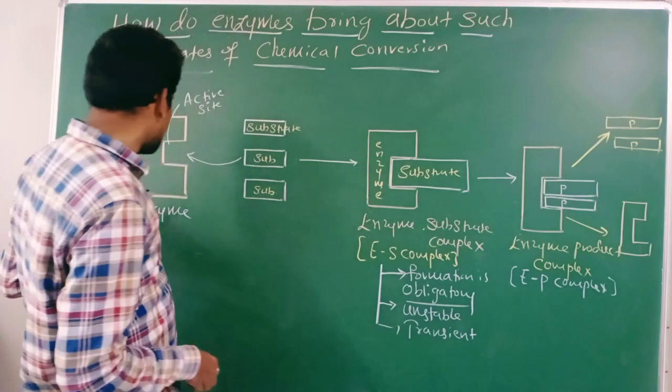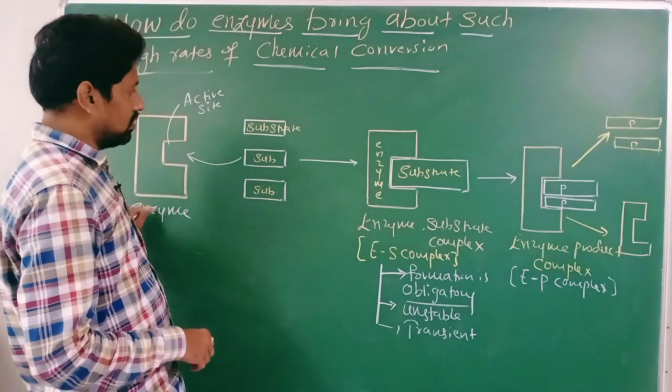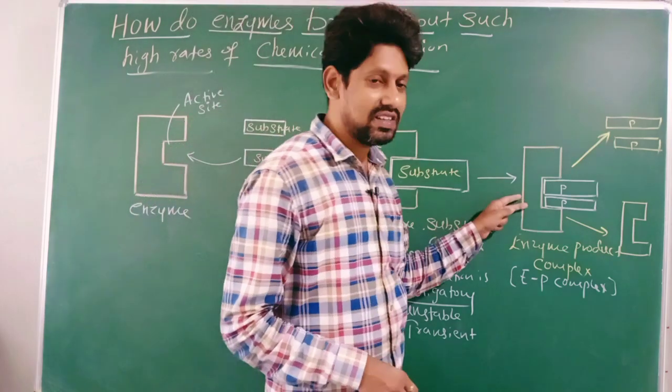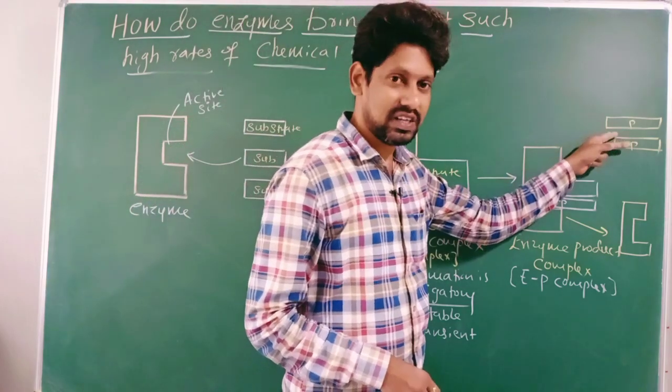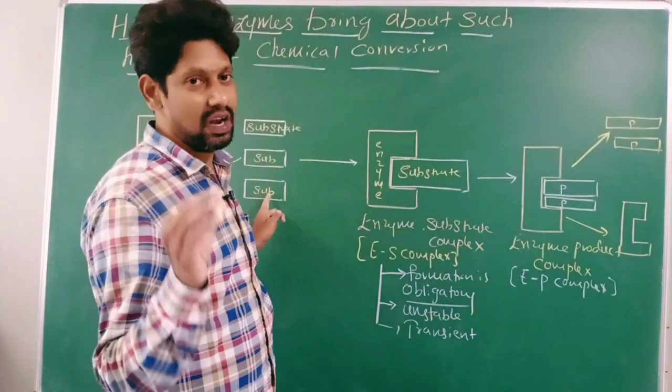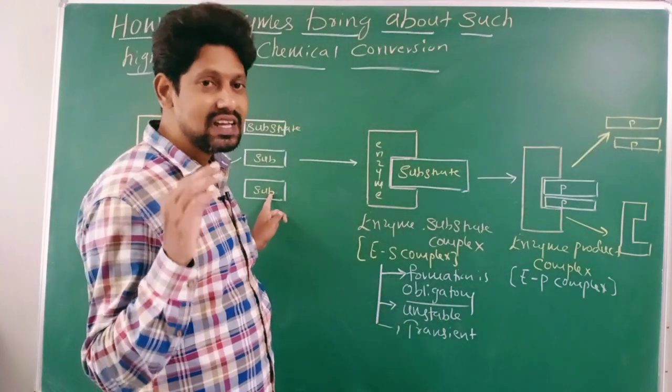See here. This is the enzyme. What are these? Substrates. This is enzyme substrate complex. This is enzyme product complex. What is this one? Product. Yes or no? Sir, the substrate is stable.